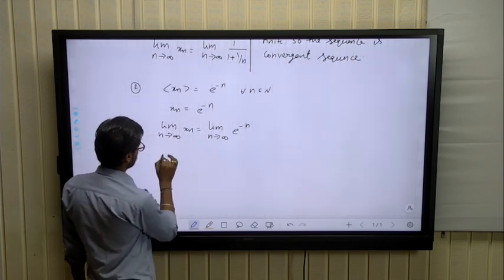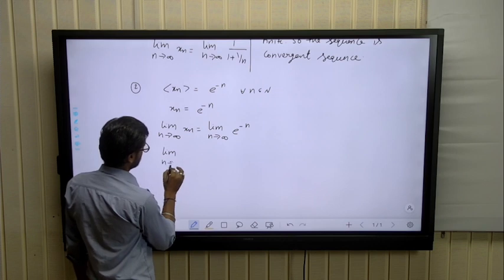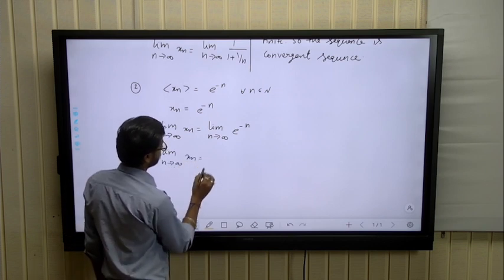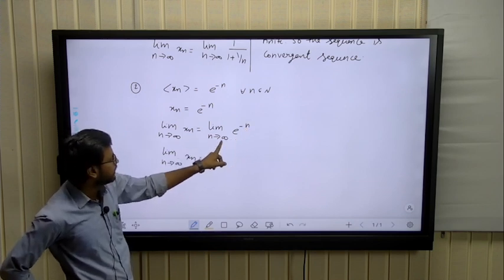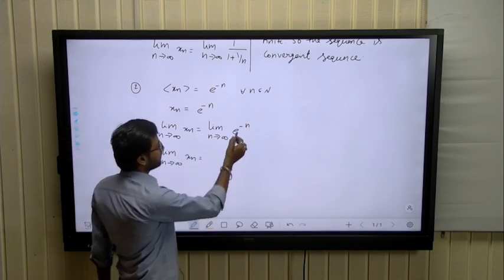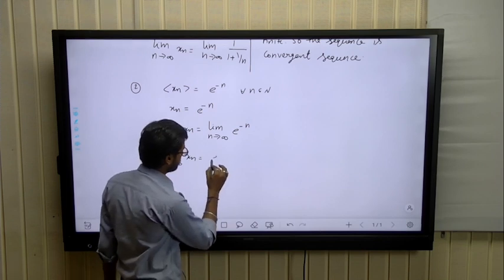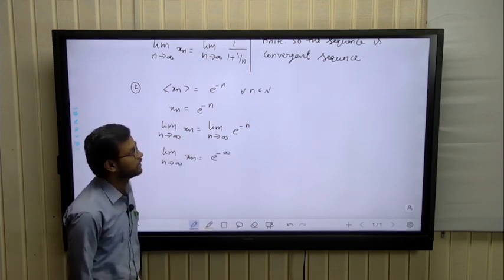Now the limit as n tends to infinity of xn equals, here we put the value of n. What is the value of n? It is infinity. So what happens? e to the power minus infinity.